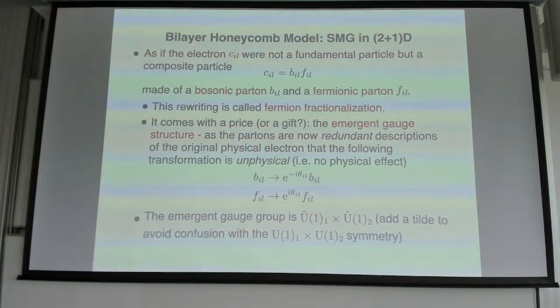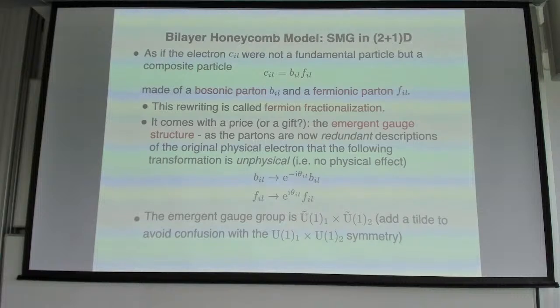You can do the same opposite phase rotation for the F operator, but if they combine together in this way, then the C operator, which is the physical fermion, the electron operator, is not going to change in any way. So this kind of internal phase rotation between the B and F operator is a gauge redundancy that you introduce to the system because you want to use such a redundant description to describe your original fermion system. And then this redundancy turns out to be a gauge structure. It becomes an emergent gauge structure.